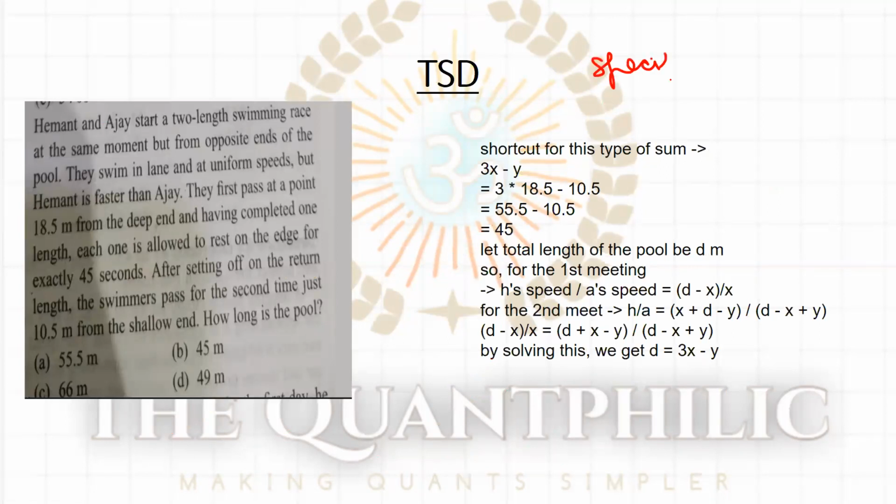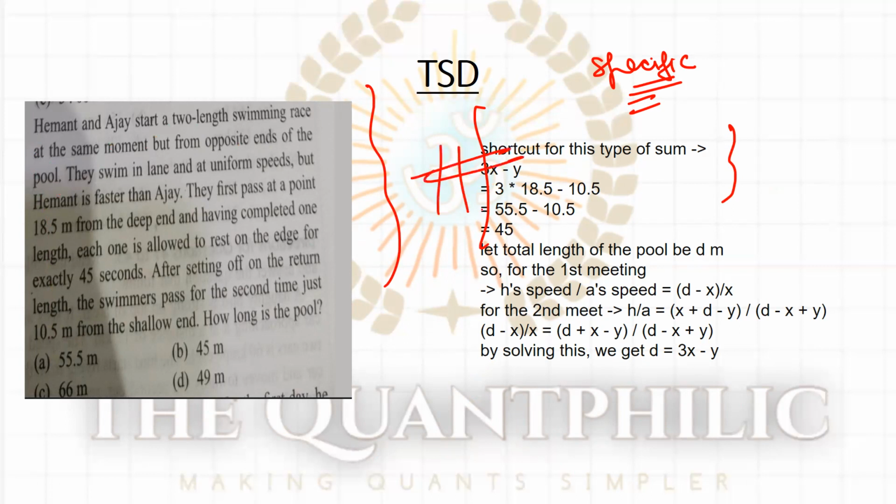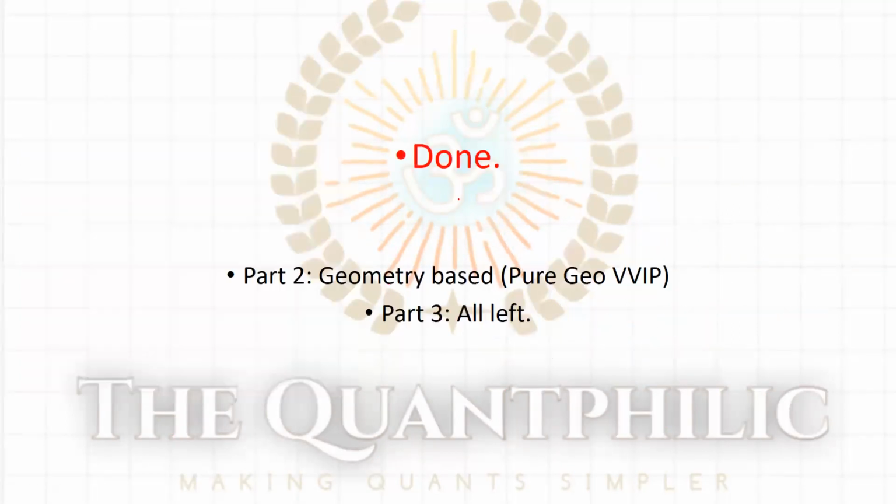I've just included this to tell you, but you need not remember it. Only for such questions can this be tried. You can read this question and use this shortcut. Very specific, so I'm not getting into the details. I would also avoid this, but just take a look once, who knows, it might come in the exam, so you'll remember.